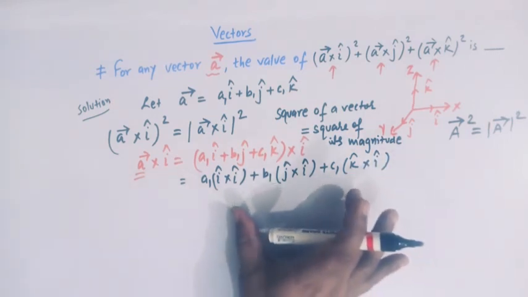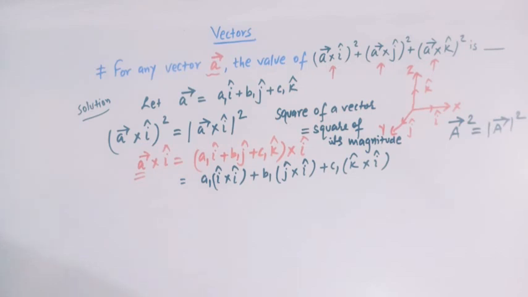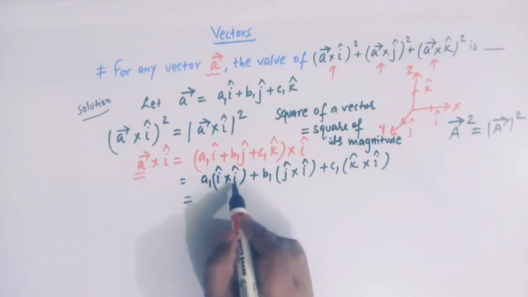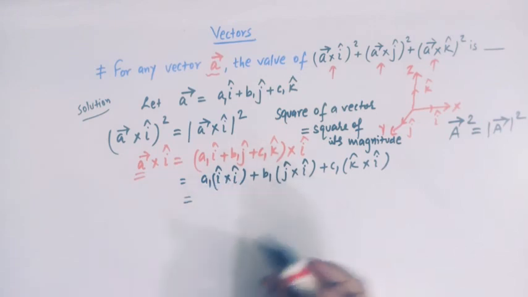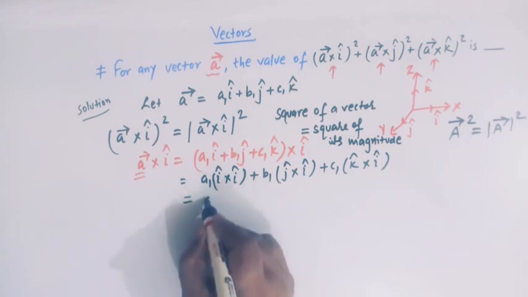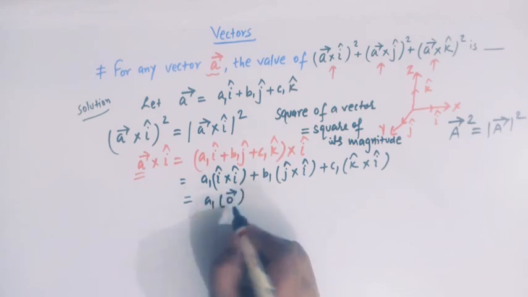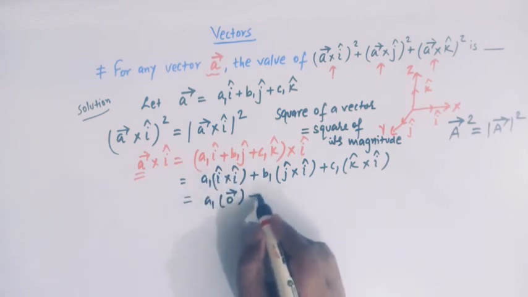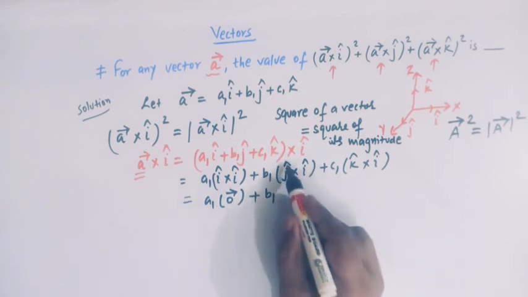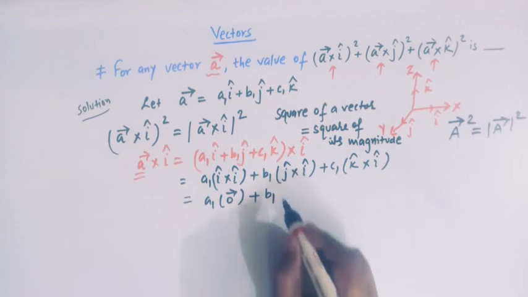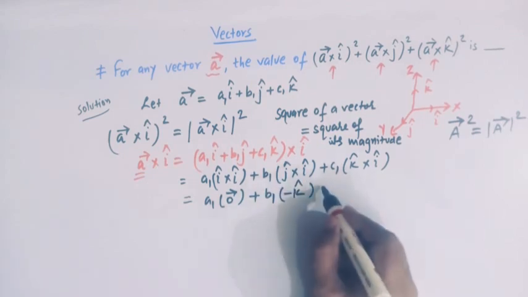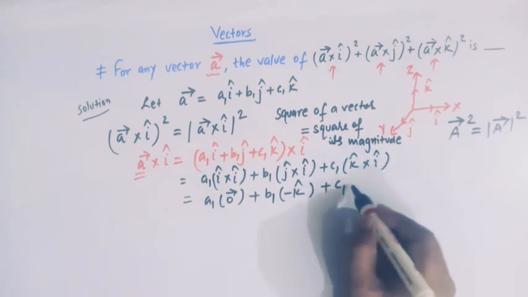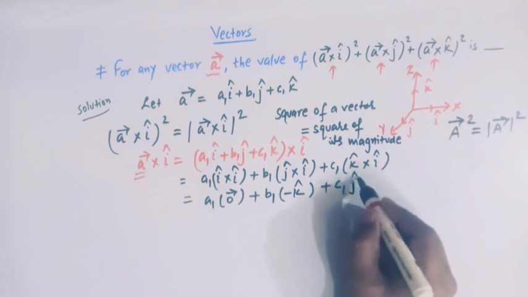Now from the definition of the cross product of two vectors, we know that if the two vectors are same, then their cross product is a zero vector. So this term is A1 times 0 vector, because i cap cross i cap is 0 vector, and here we have B1, here j cap cross i cap is minus k cap, and here we have k cap cross i cap is j cap, right?